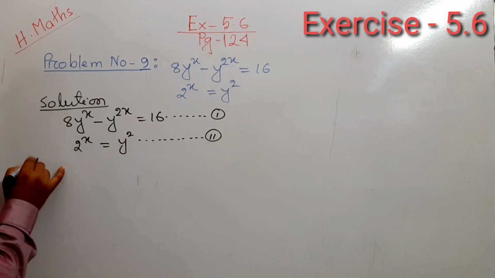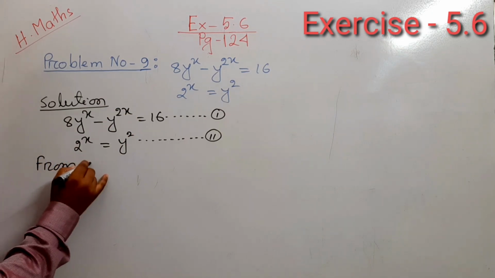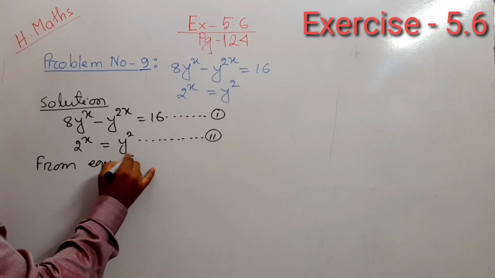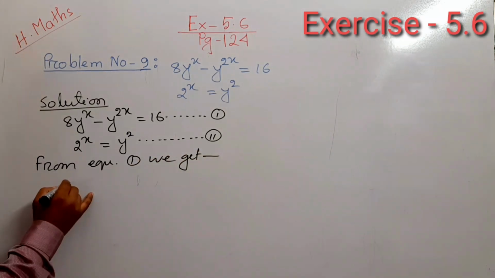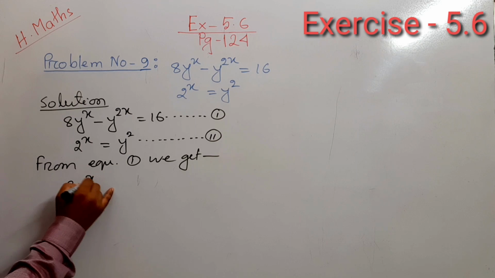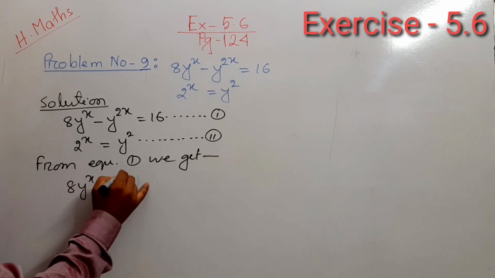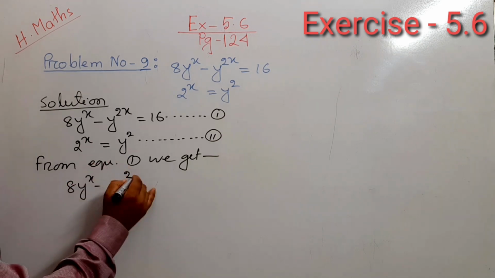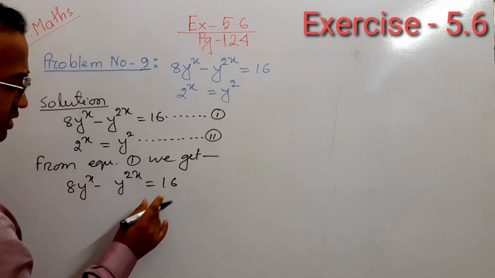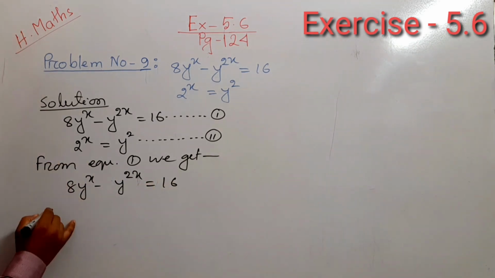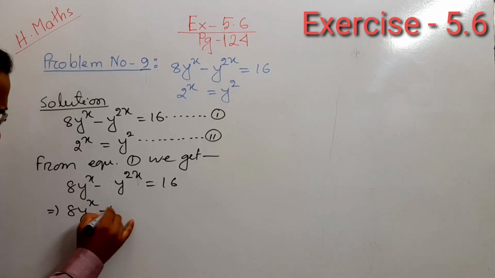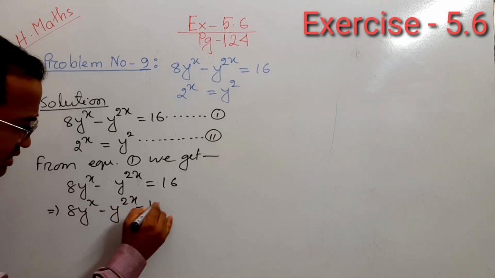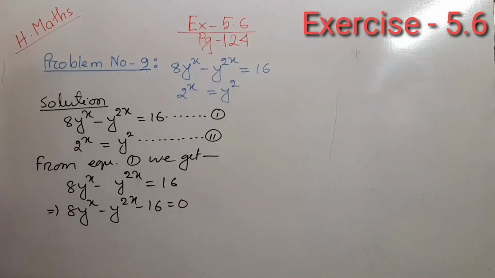From equation 1 we get, 8y to the power x minus y to the power 2x equal to 16. Now take this 16 to the left side, it will be 8y to the power x minus y to the power 2x minus 16 equal to 0.